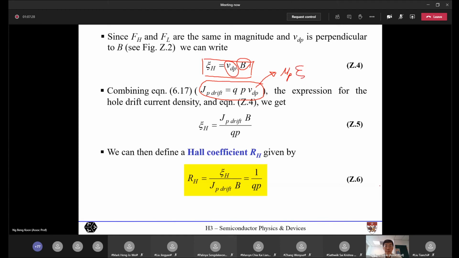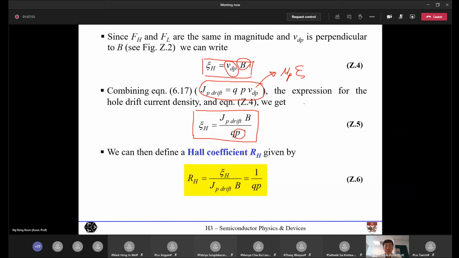We can make use of this drift current equation and write down VdP in terms of the drift current. If we do that, you find that your Hall field is essentially given by the drift current density multiplied by the magnetic field, divided by Q times P, the carrier concentration of holes in the semiconductor.